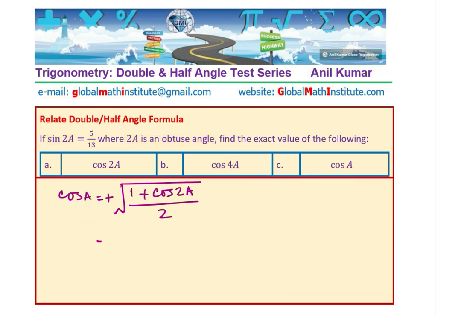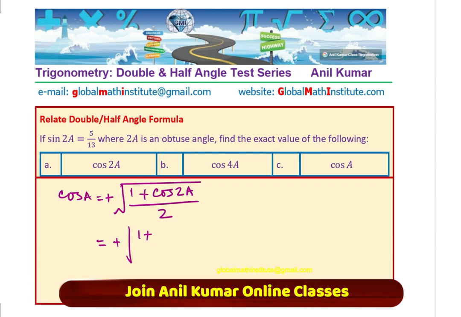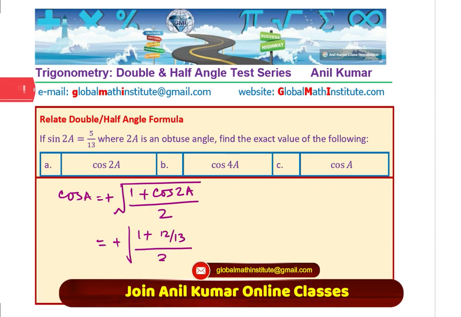Apply the formula. So cos 2a we just found is what? Cos 2a is 12 over 13. So we get this as 12 over 13 over 2.